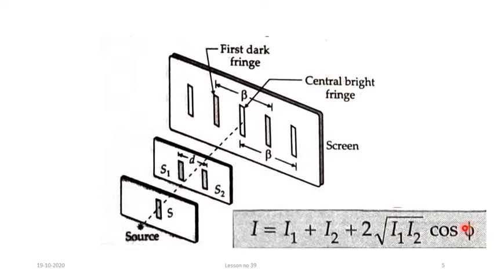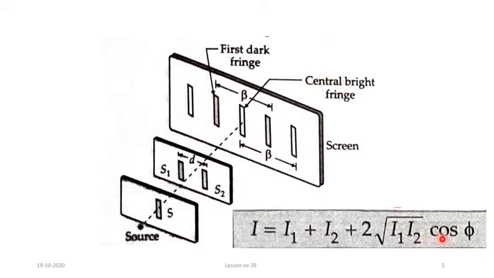Now the important point is phase difference. As we have seen, this is the equation for the intensity of the light. If it is bright, high intensity; if it is dark, low intensity; and that intensity is given by this equation.